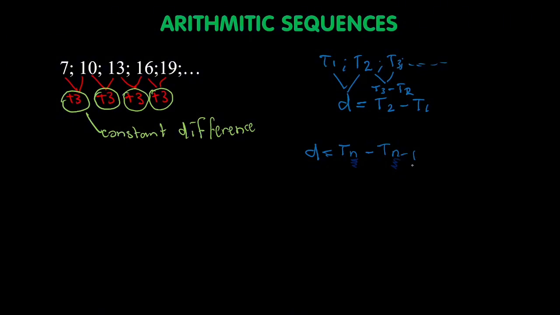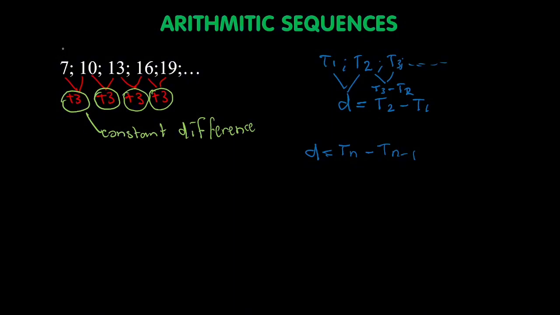I would have to minus 1 from that position. And that's why I'm saying Tn minus 1. So in summary, the difference between two consecutive terms is the term minus the term before. Hope that makes sense.